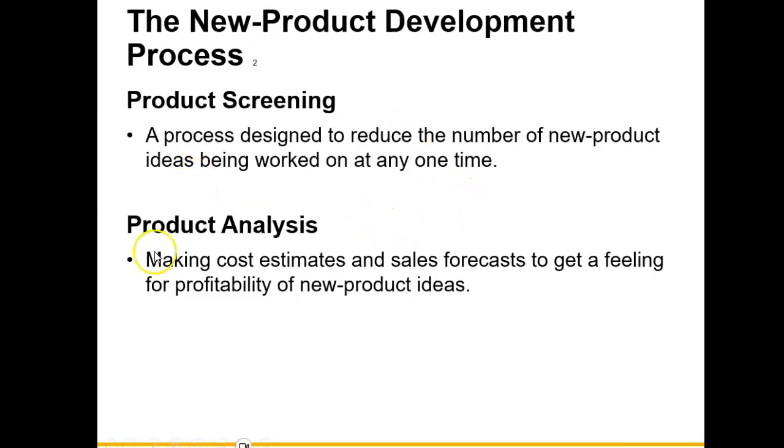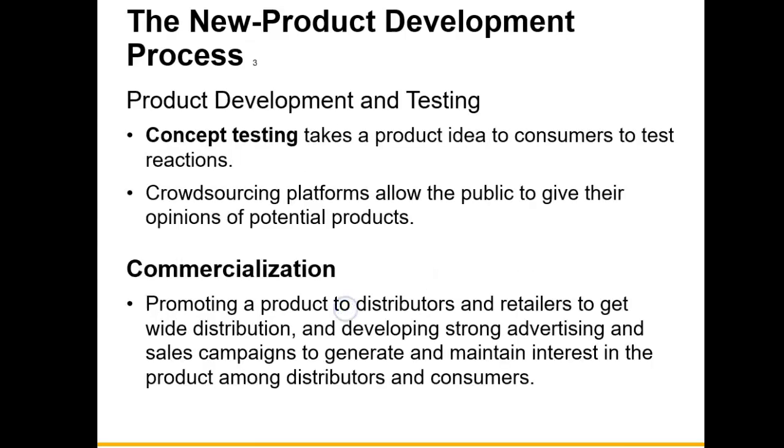Product analysis deals with making cost estimates and sales forecasts to give a feeling of the probability of success of a new product idea. So in the analysis, we ask how profitable this new product would be based upon the estimated cost to make the product and the estimated sales forecast.